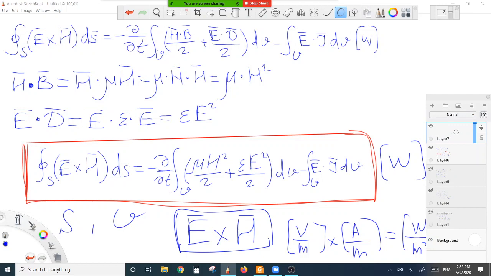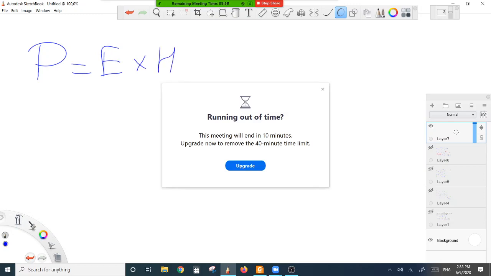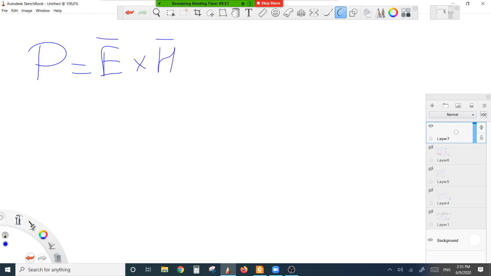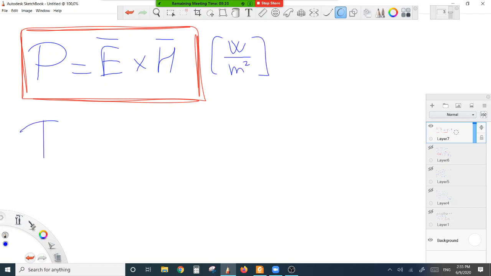P is equal to E cross H. The unit of measurement we said is watt per meter squared, and P is called the Poynting vector.